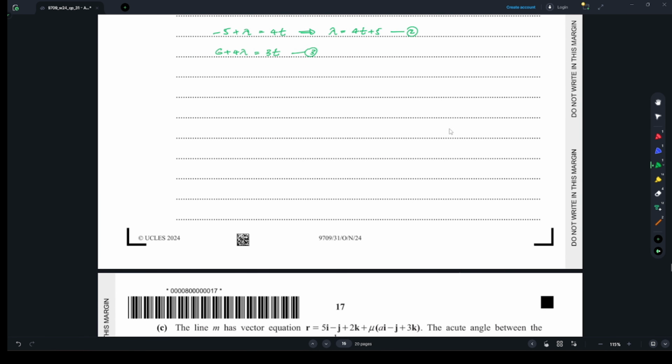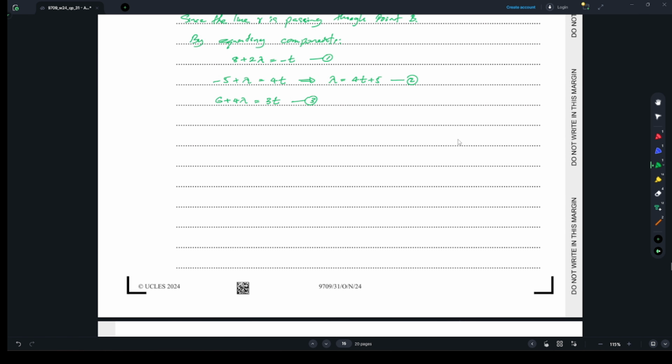So now I can solve the simultaneous equations. I will use the first and second equations, substituting equation 2 into equation 1. Okay, minus t here.